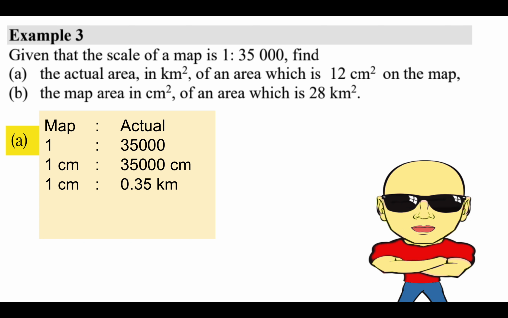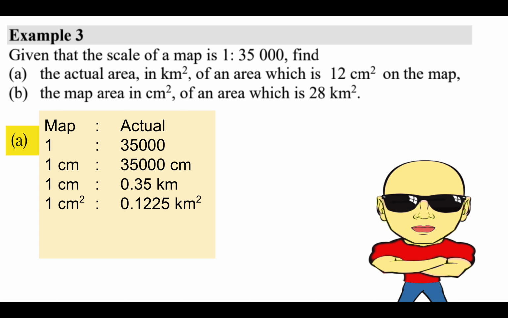So 1 centimeter, we square it, we have 1 square centimeter. 0.35 kilometer, we square it, and we will have 0.1225 square kilometers. So we just need to square the entire ratio, right?